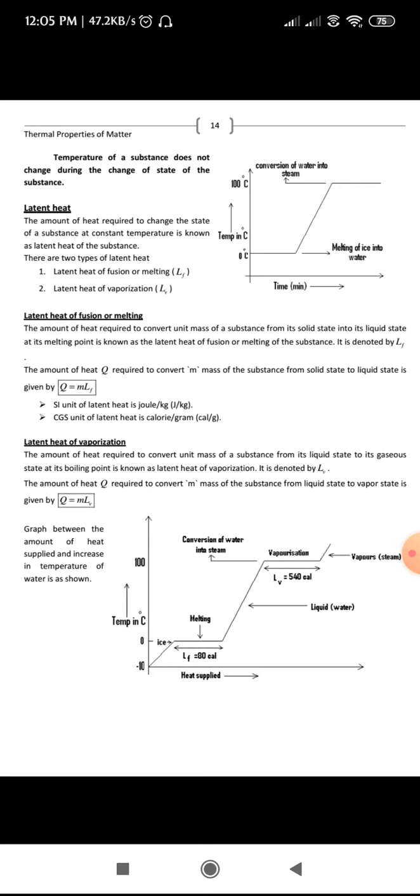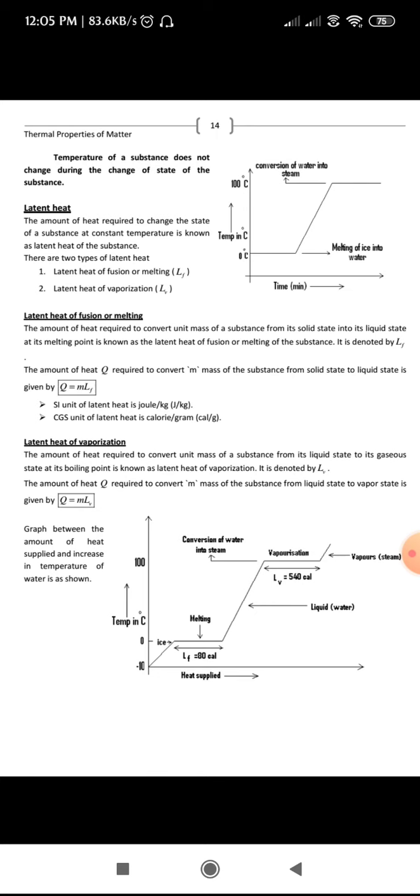The SI unit of latent heat is joule per kg. In the CGS unit, it is calorie per gram. Next, coming to the latent heat of vaporization, it is the amount of heat required to convert unit mass of a substance from its liquid state to its gaseous state at its boiling point.